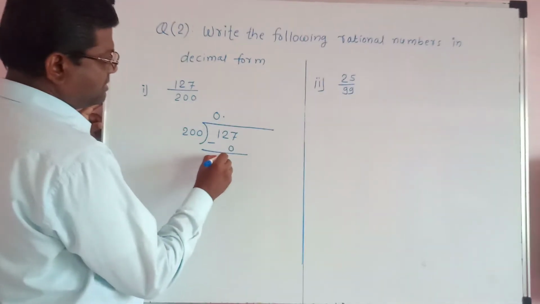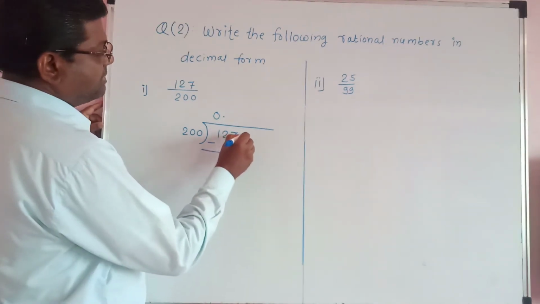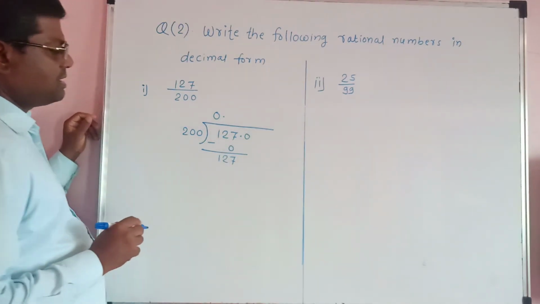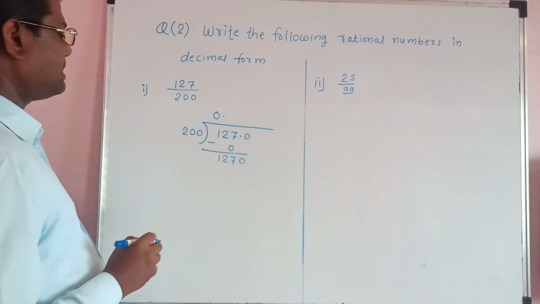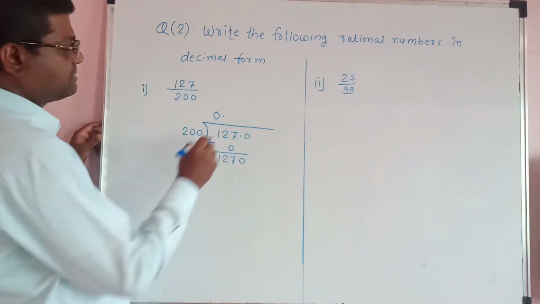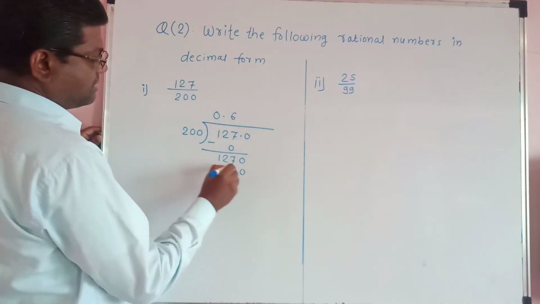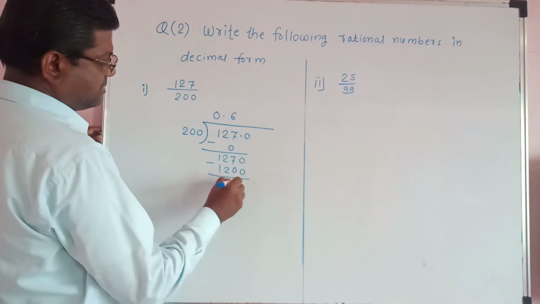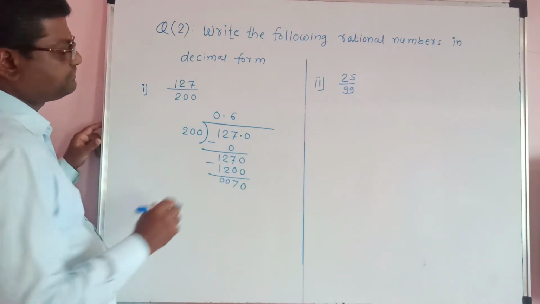0 minus 0, that will be 127. Point. Take 1 0. Here we take 0. Now 200 into 6 is 1200. The remainder will be 70.